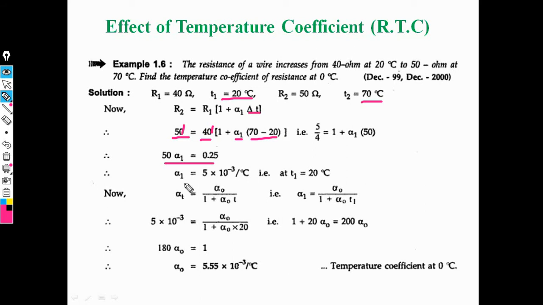Then the value of alpha 1 is 5 into 10 raised to minus 3 per degree Celsius. We have calculated alpha 1 with respect to T1 degree Celsius.